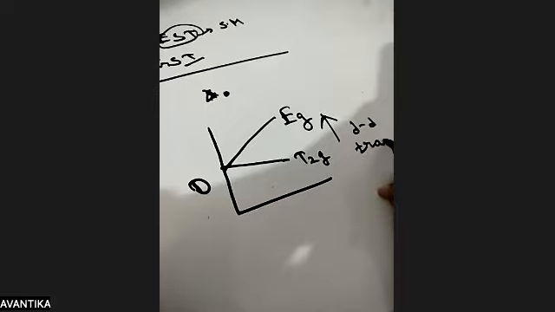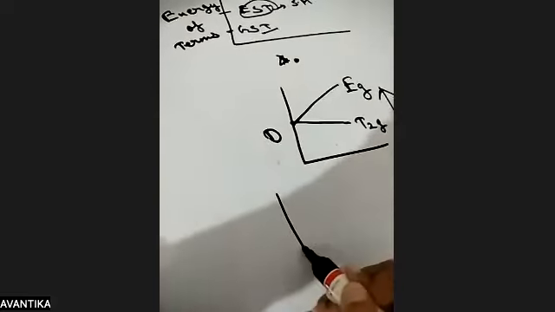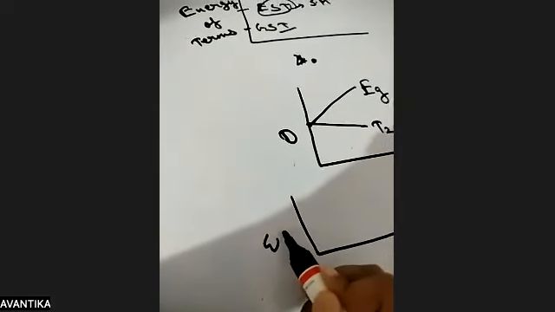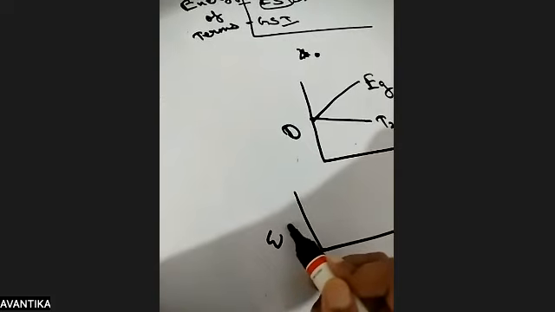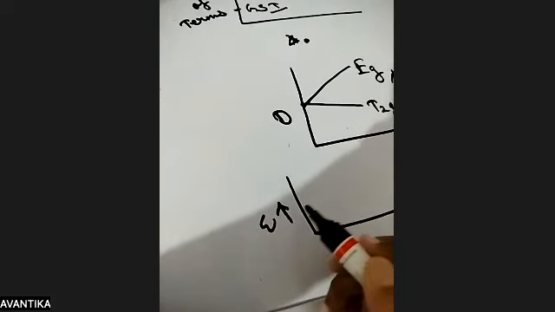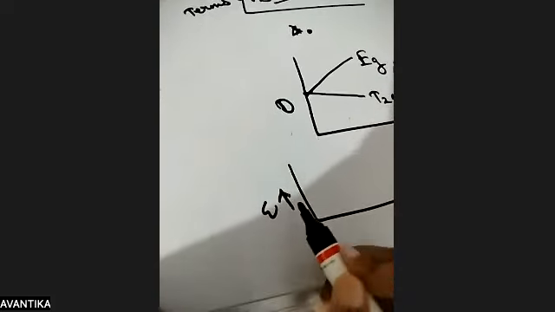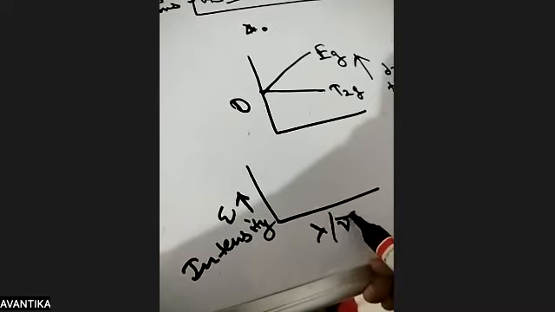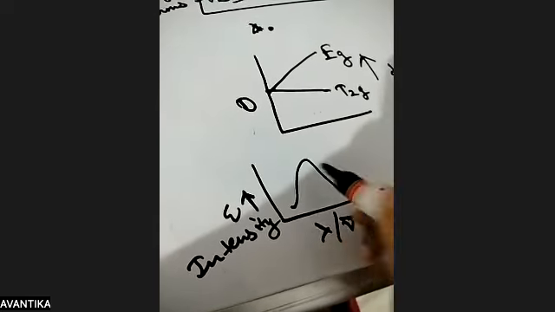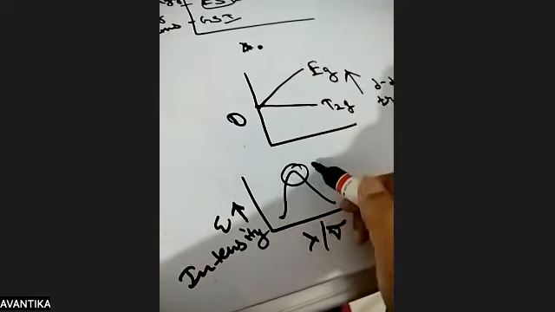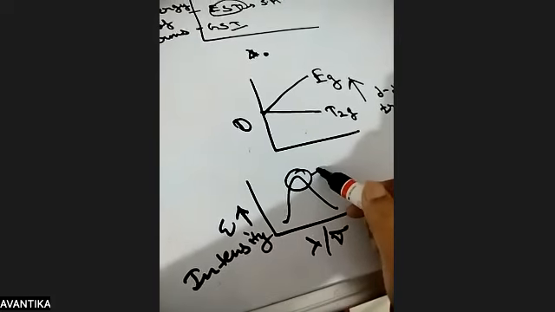Then if we draw the electronic spectra, in electronic spectra we represent intensity or number of transitions and wavelength or wave number. So here in electronic spectra we can represent the number of d-d transitions.